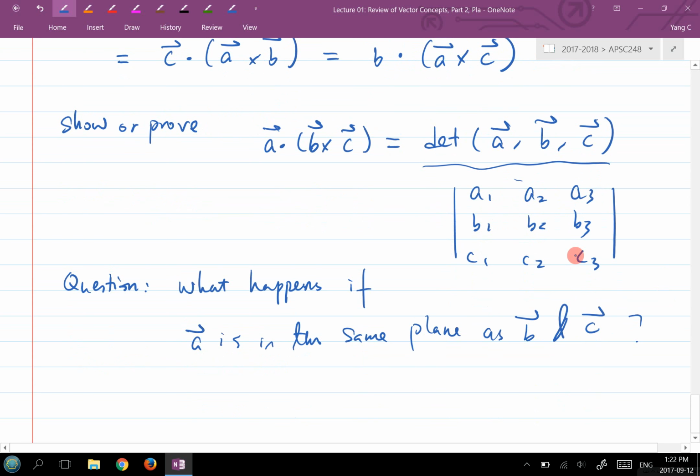So the volume is this determinant of A1, A2, A3, and B and C's. Under what condition is this determinant 0? Forget about volume, just think about the linear algebra concept.